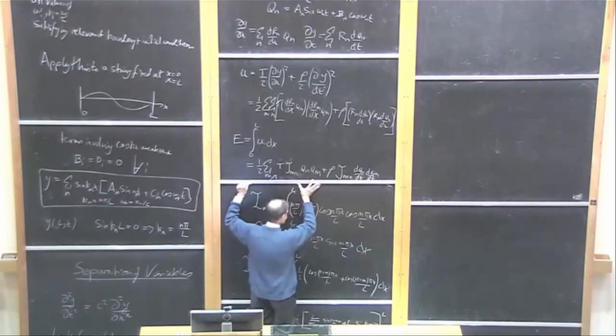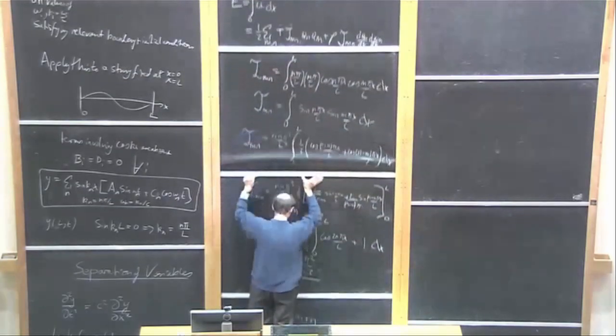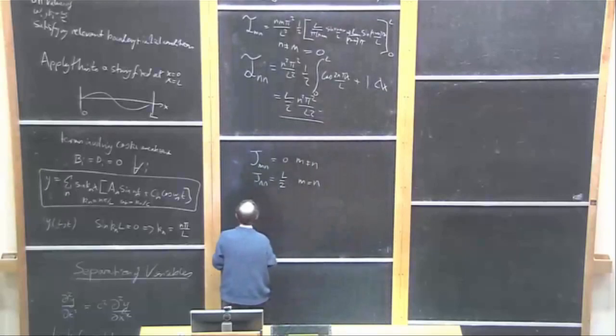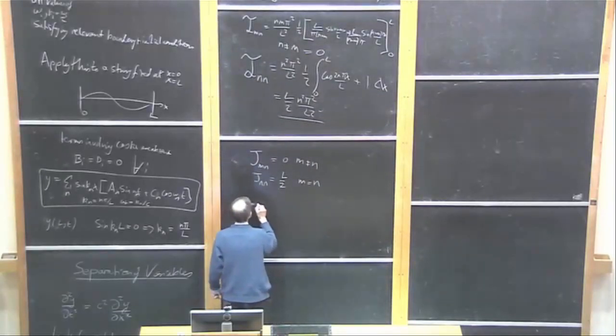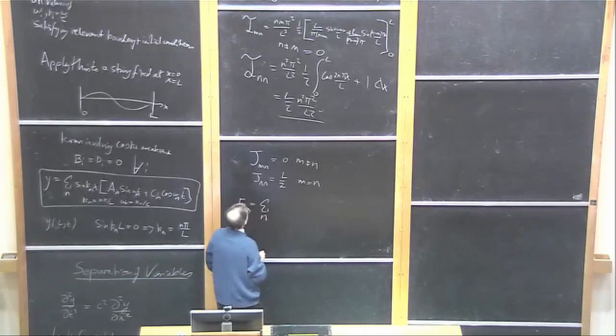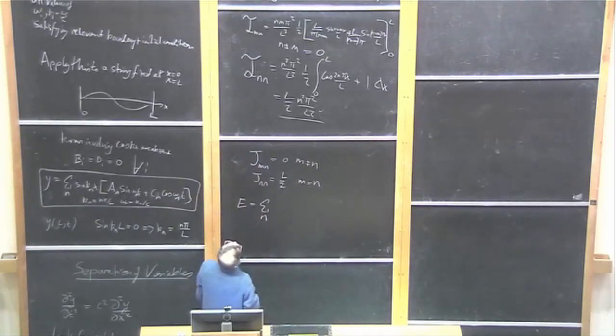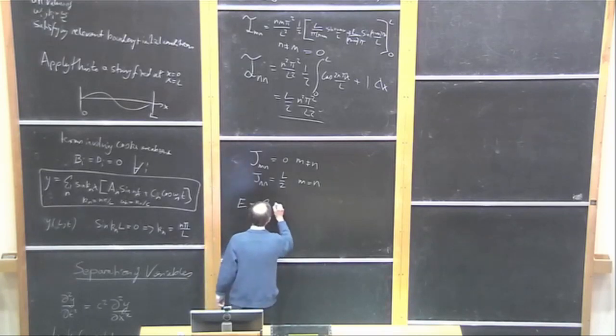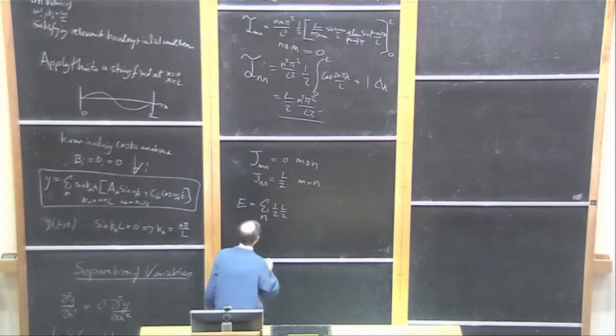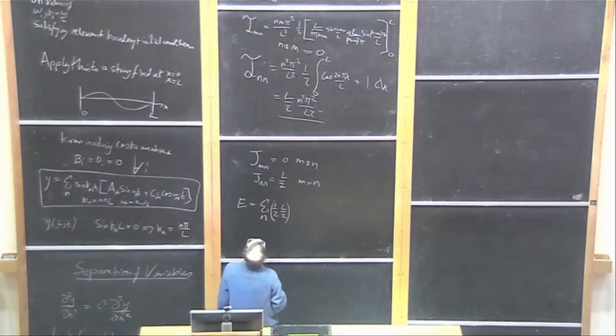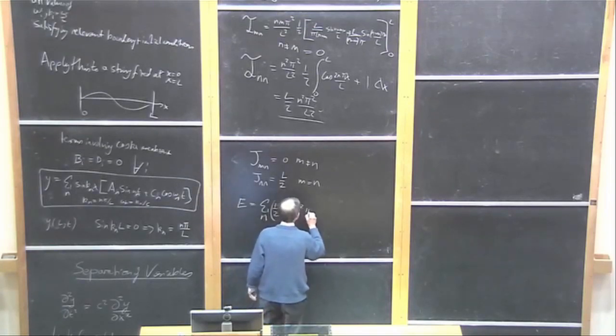So that means that the total energy can indeed be written as a sum over modes. E is sum over modes, and it's just at the top of the board there. 1/2 L over 2, that came from the integral, and then we've got I_mn, which is n squared pi squared.